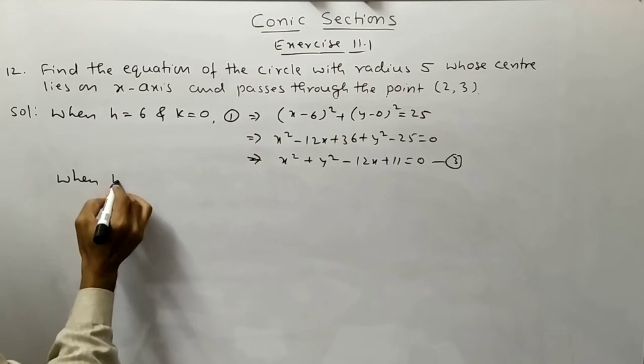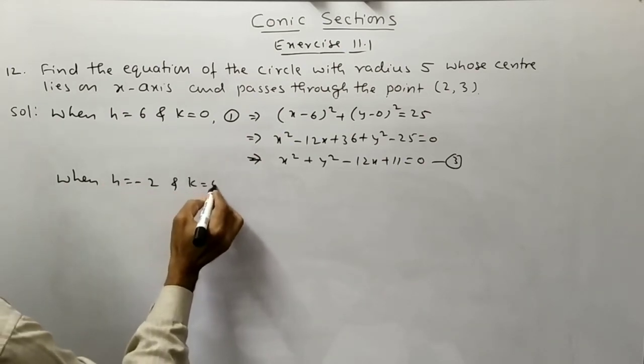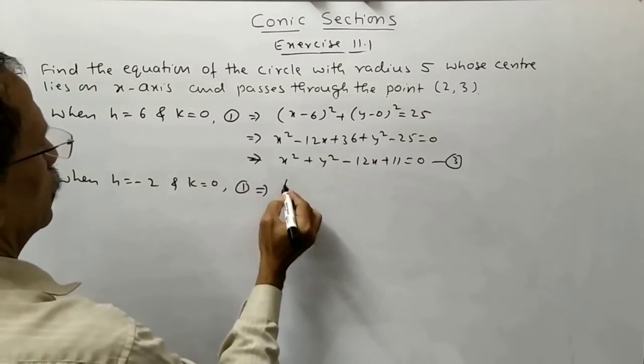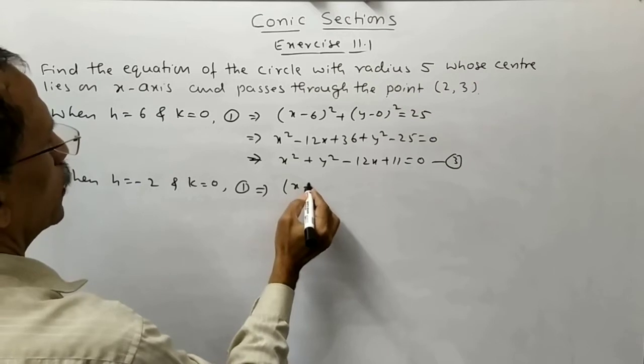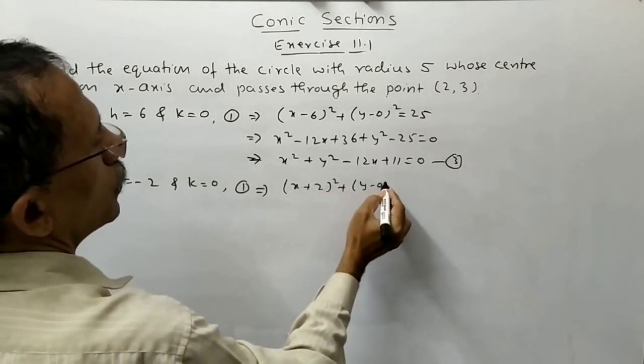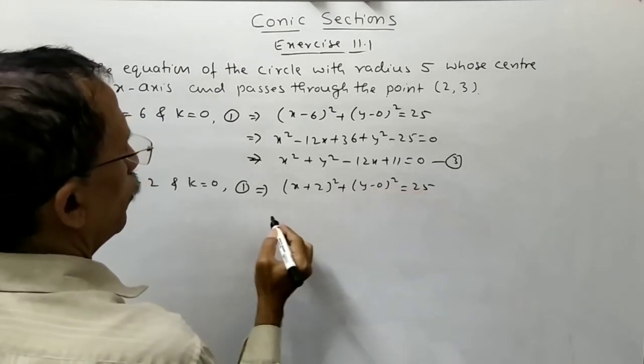When h is equal to minus 2 and k is equal to 0, 1 implies (x plus 2) whole square plus (y minus 0) whole square is equal to 25.